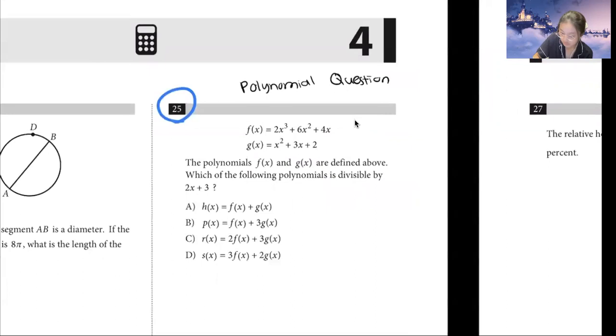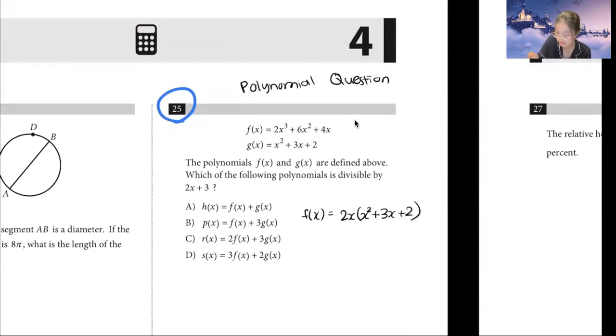So these two might look like 2 different polynomials, but usually you need to factor things out and you'll start to see the similarities between f of x and g of x. For f of x, you just need to take out 2x, and that will be 2x times (x plus 3x plus 2).